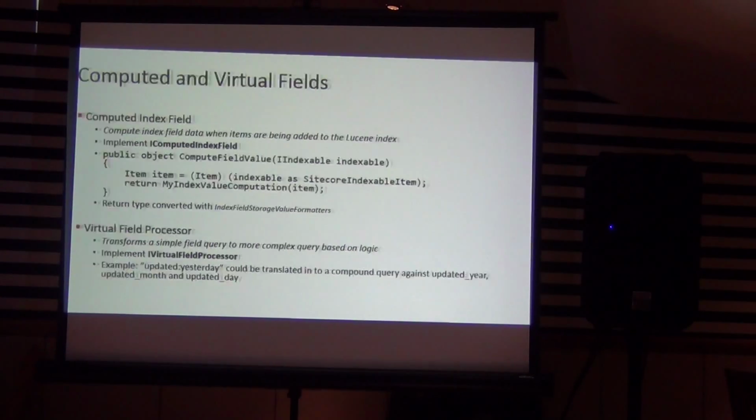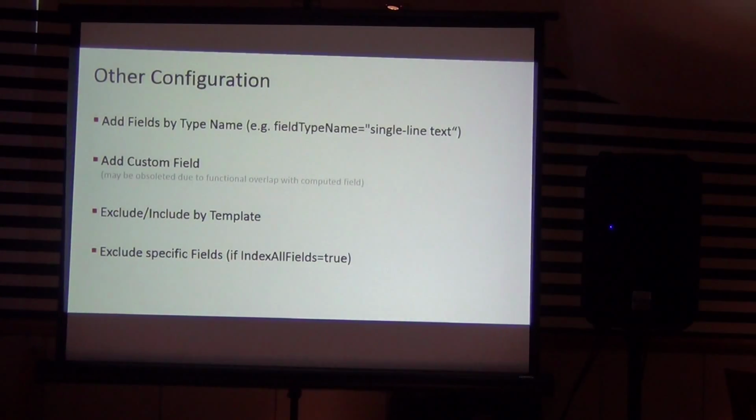Then I have a slide called Other Configuration. Just some bits and bobs that I thought would be nifty. You can also add fields by type, and actually that is already in the configuration. I would say this mainly applies if you are adding your own field types.